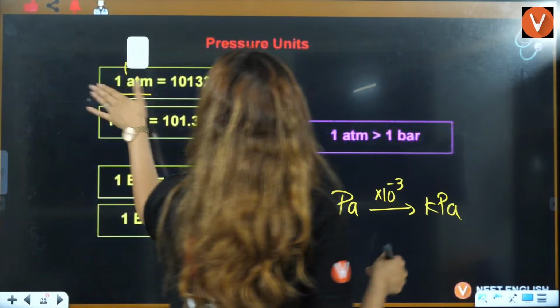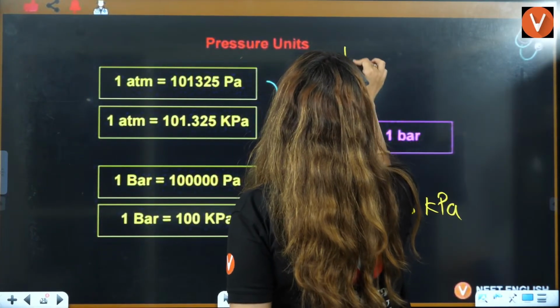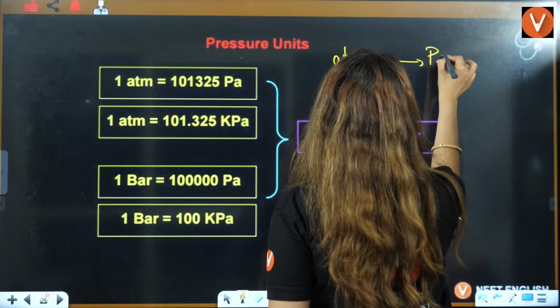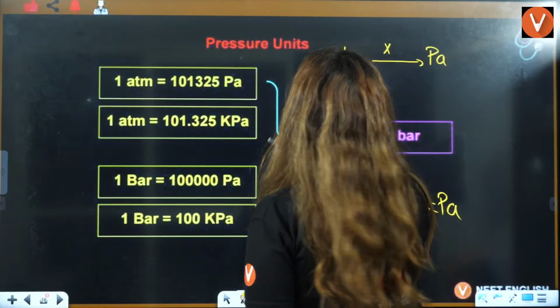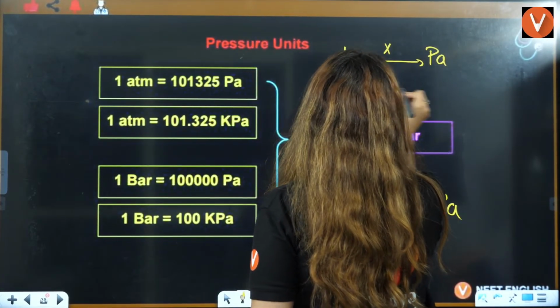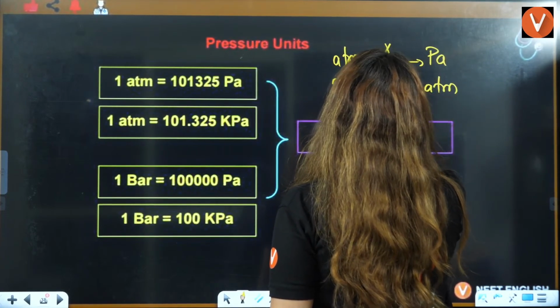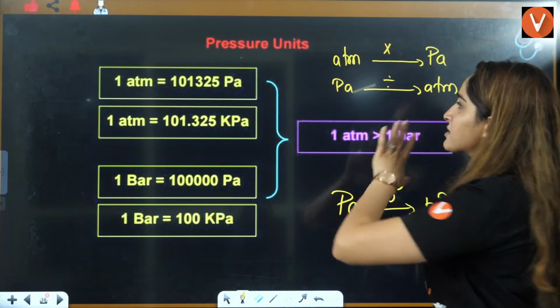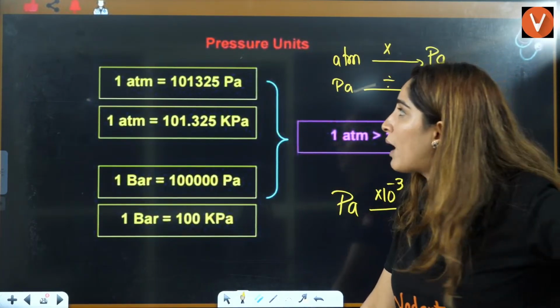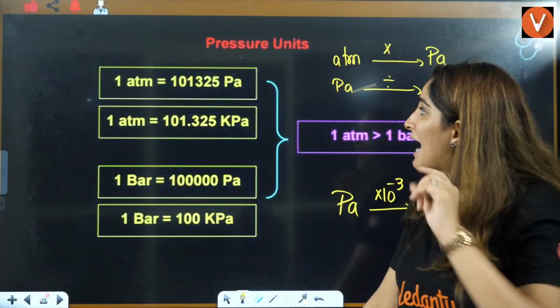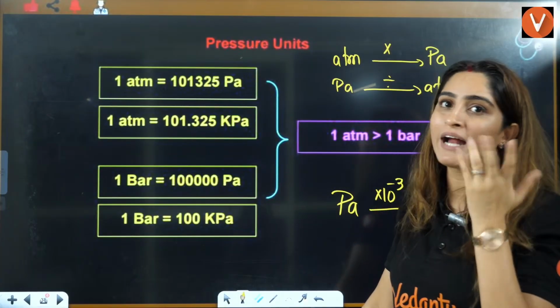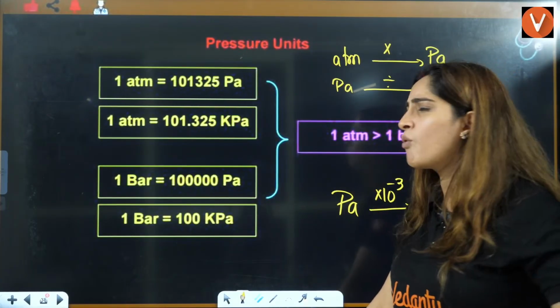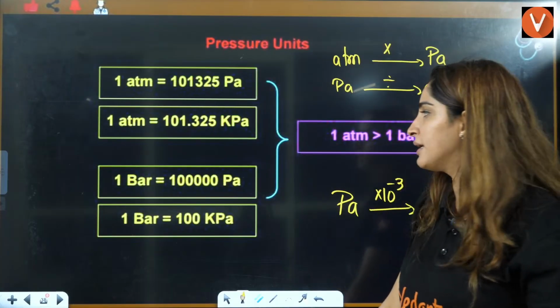I'm going to write it here: atmospheric to Pascal, multiply by this value; Pascal to atmospheric, divide by the same value. Most of the time you will see atmospheric to Pascal only.